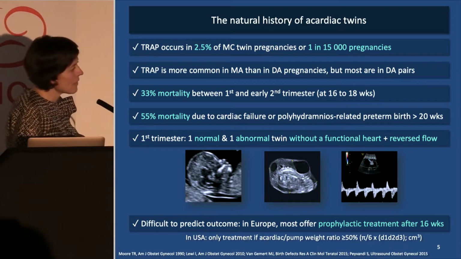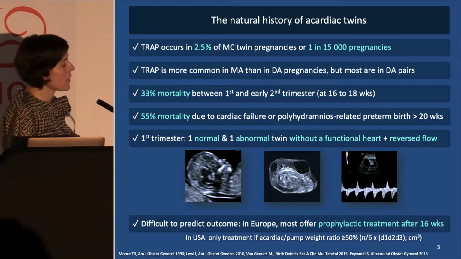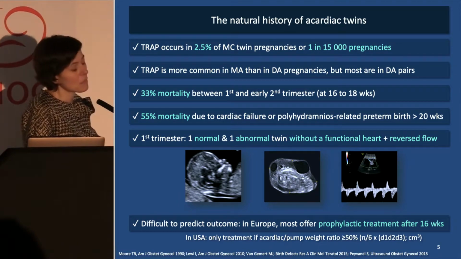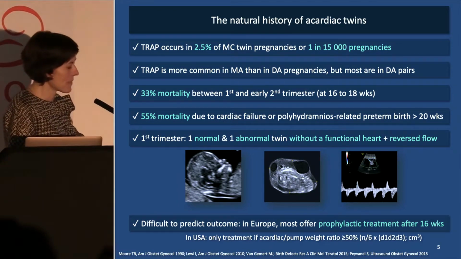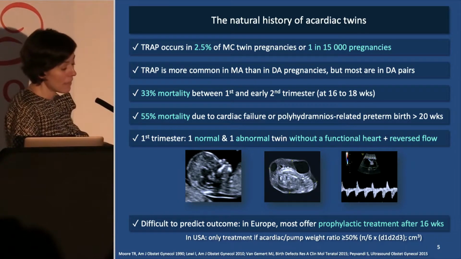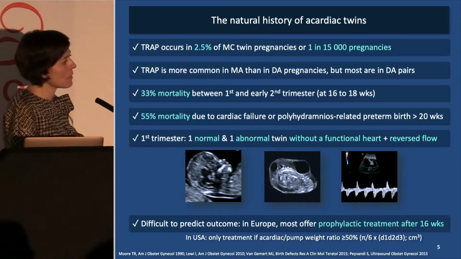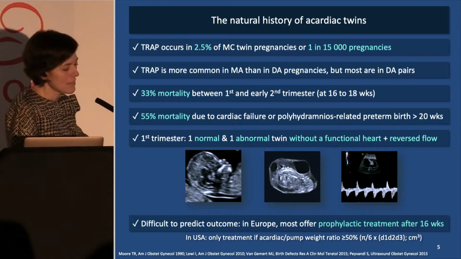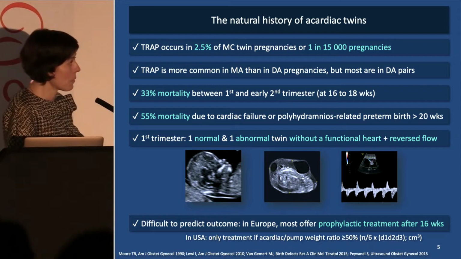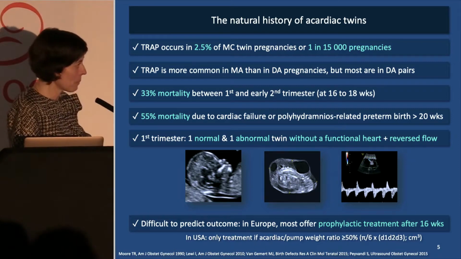In the US, they are still more conservative. They offer treatment only if the acardiac to pump weight ratio is more than 50%, because in these cases we know that there will be subsequent demise of the pump twin in 45% of cases, and there's also a 70% risk of very preterm birth.